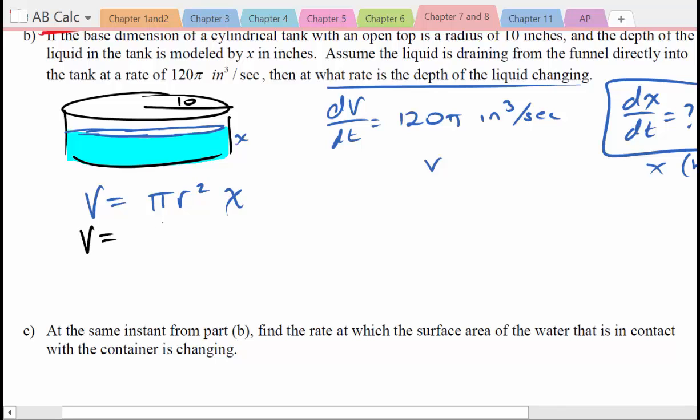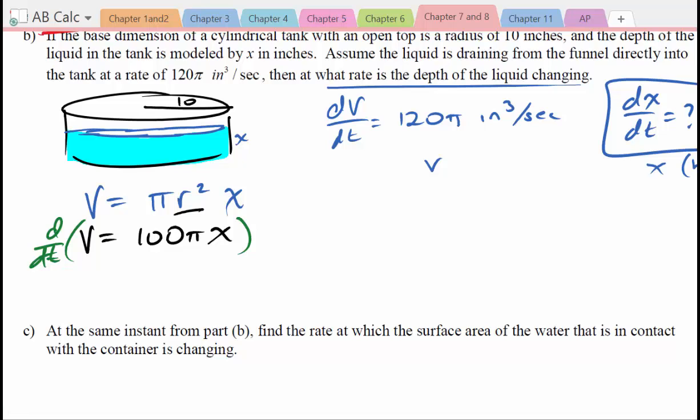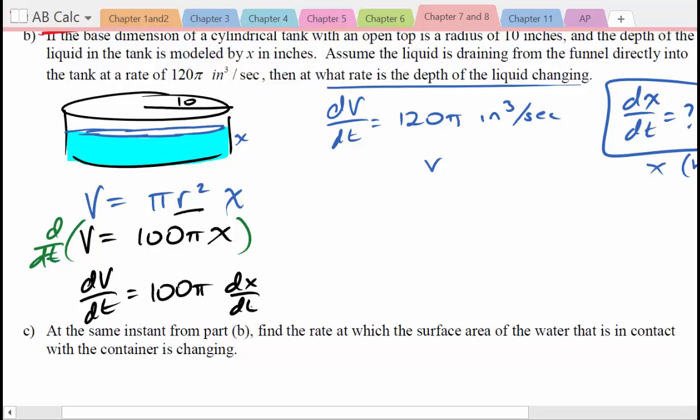V is equal to, if the radius is always going to be 10, 10 squared is 100, this becomes 100 pi x. Now when I take the derivative, it's not only easier, it's less rules. dV/dt equals 100 pi dx/dt.